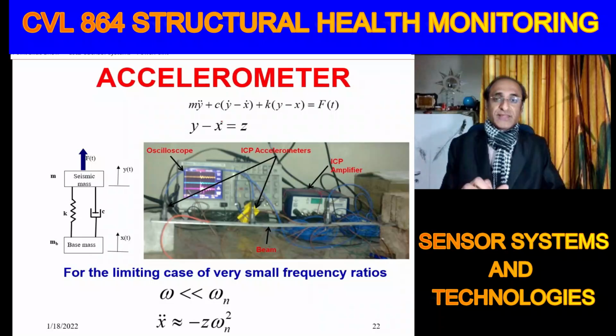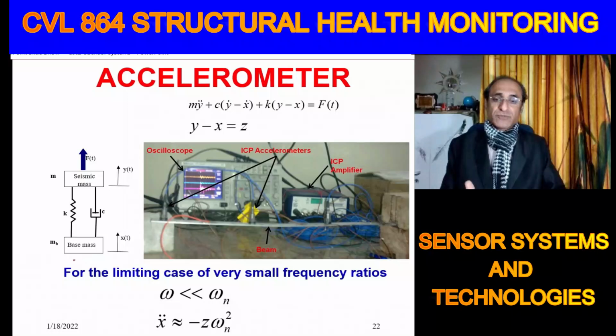And what is z? z is the relative displacement between the seismic mass and the base mass. If you are able to measure the strain undergone by this spring, that gives us a value of the acceleration.